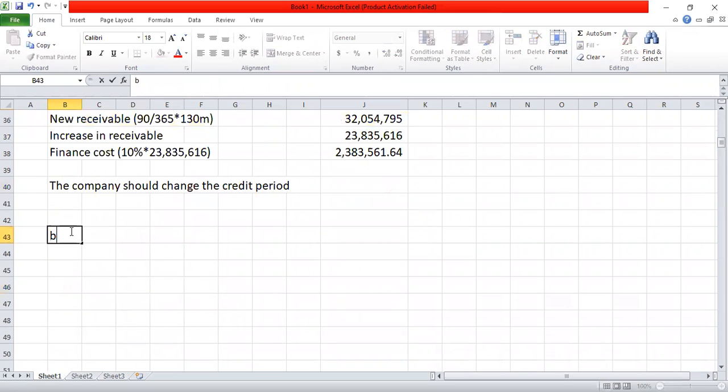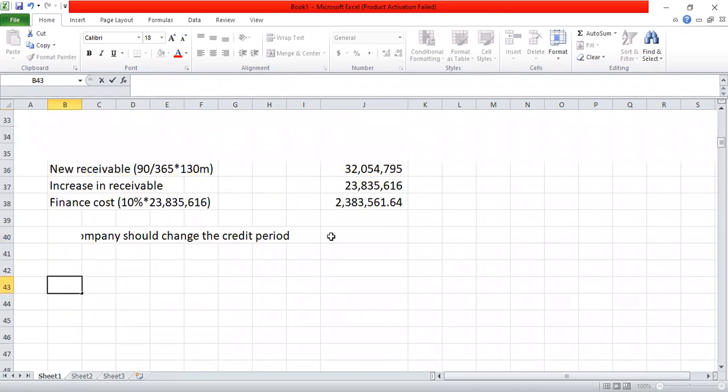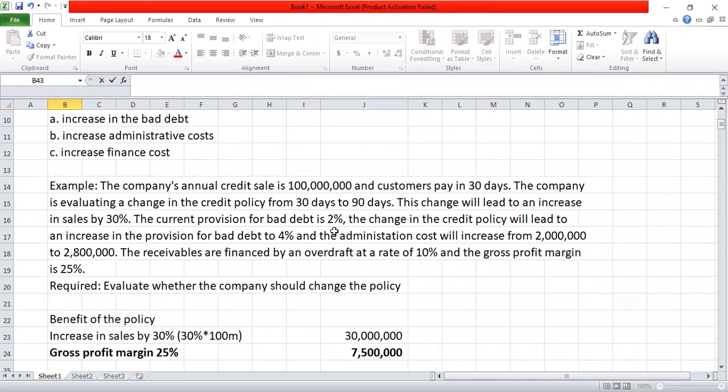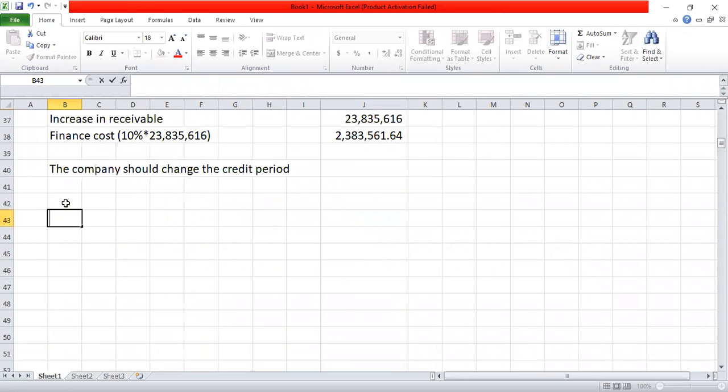Another policy. I think the other one was 2-1. I don't know how I numbered. Number 1. Number 2, introducing a discount. This is the second policy, introducing a discount.